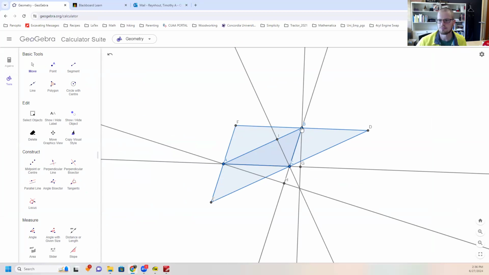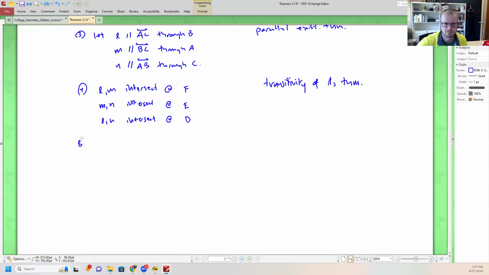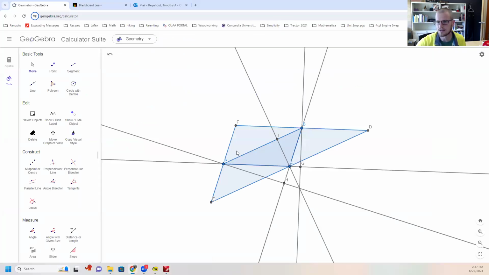Okay, so BG is perpendicular to FD. BG there, not BC. Okay. BG is perpendicular to FD.